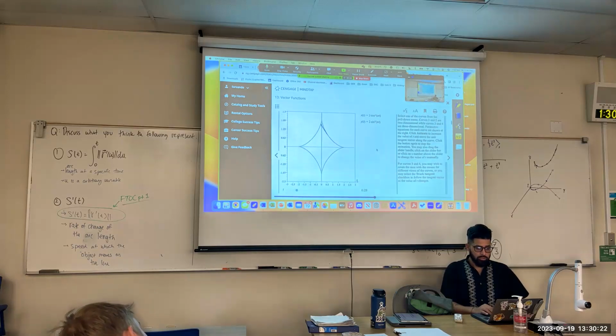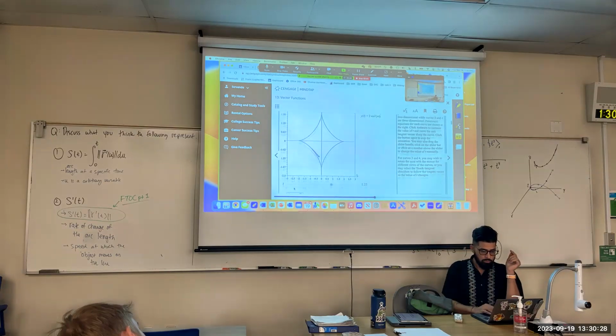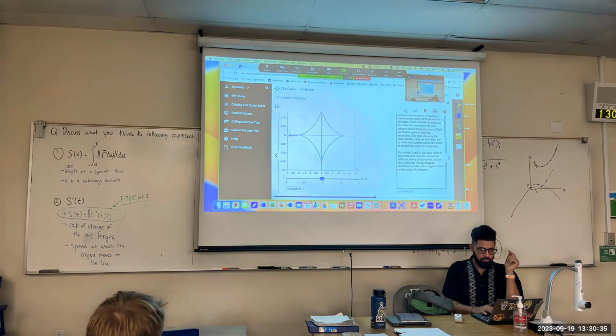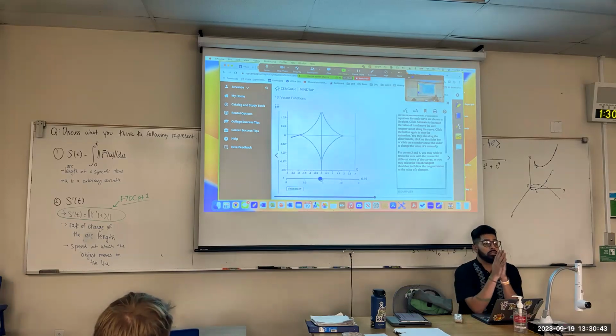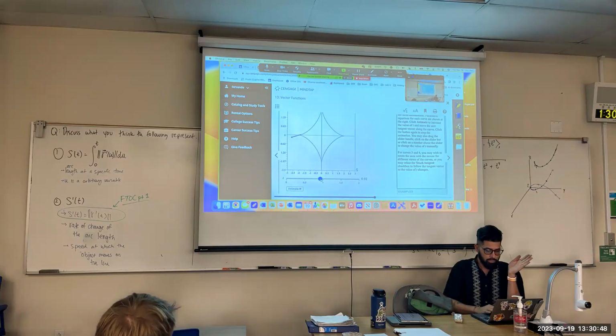Look at the unit tangent vector. Look how, you guys see that abrupt change that just happened right there? So let me pause it. Does this happen at 1 second? Okay. So as t is approaching 1 from the left, do you guys see how the unit tangent vector is behaving?